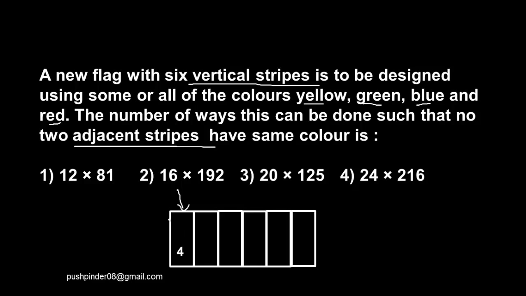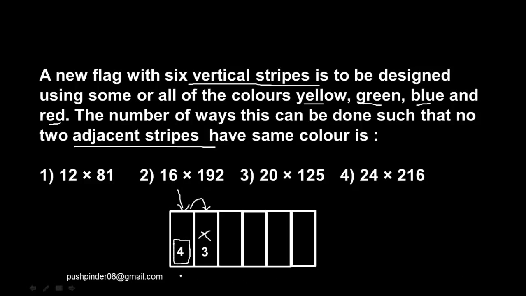color. Now if one color has been given to this stripe, that means this stripe cannot have the color which was given to this stripe. So that means the number of ways in which we can give color to this stripe is 3 ways. Now let's look at the next stripe as well. In the next stripe we will be able to give the color that we gave to the first stripe, but not the color of the adjacent stripe.